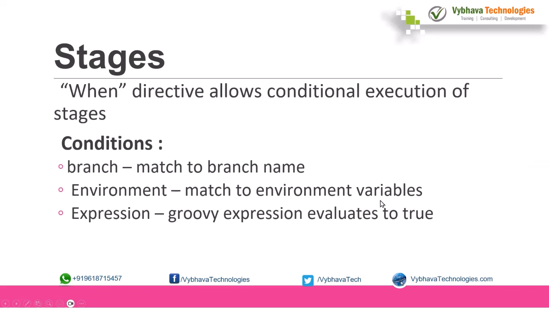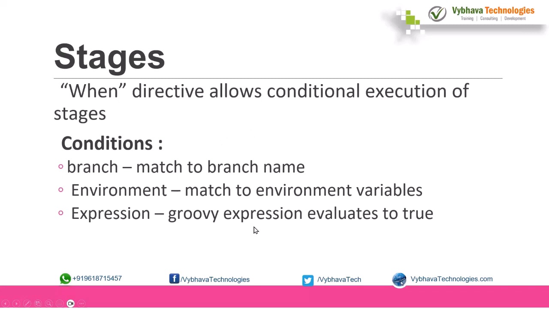Environment matches, like we can define variables like development, test, QA or production, DB. We can define the environment that matches, and then it is going to execute. Expression: Groovy expressions, we can use if conditions like true as a requirement. Whenever it is evaluated, if it is true, then it will execute that particular stage.